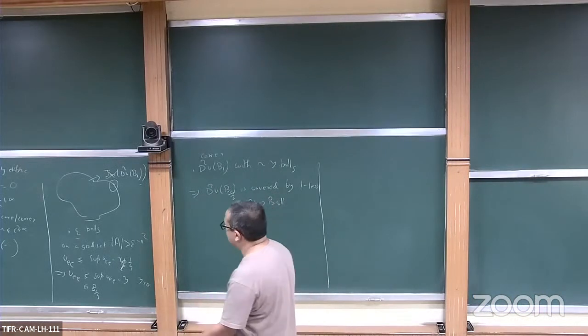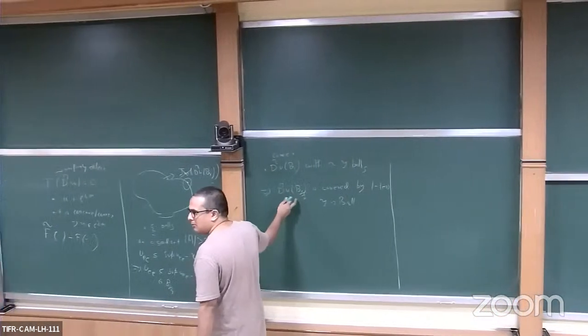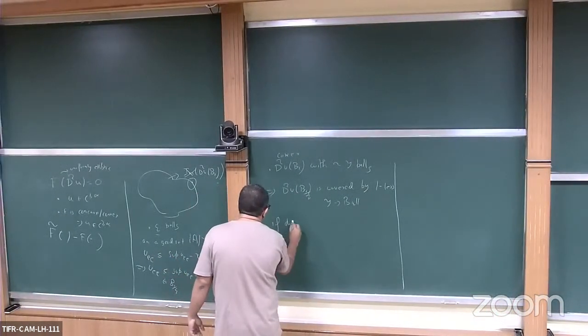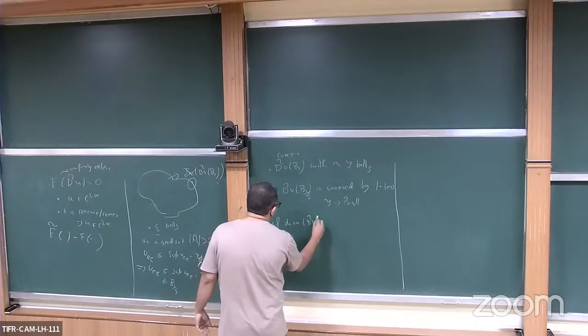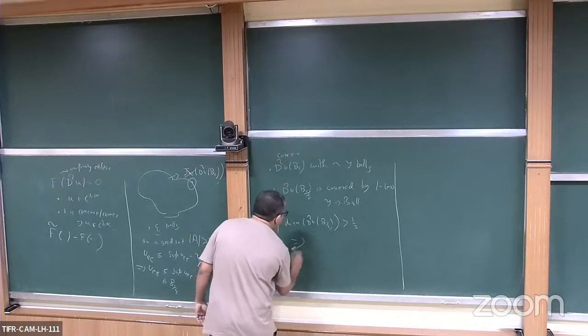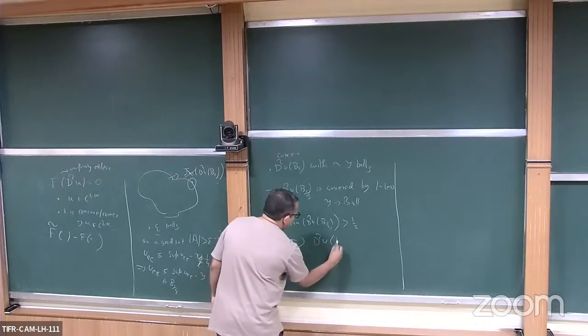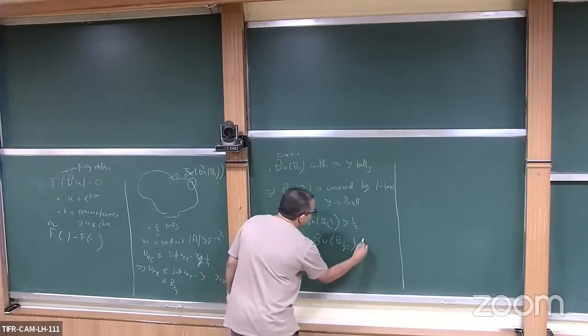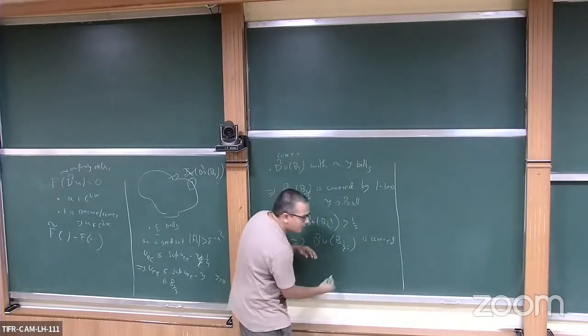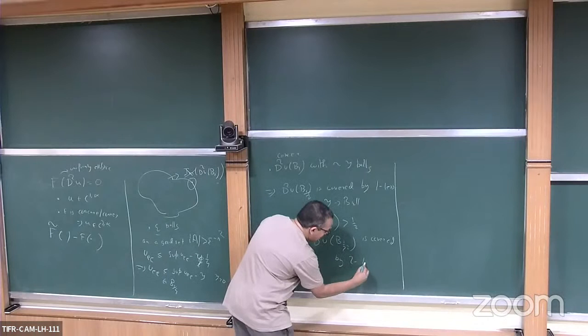Now again, you argue similarly: if the diameter of D^2u of B_{1/2} is bigger than half, then again it will imply that D^2u of B_{1/4} is covered by another less gamma ball, or by two less gamma balls.